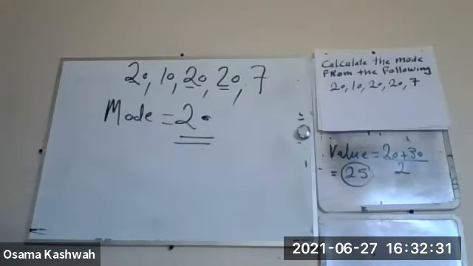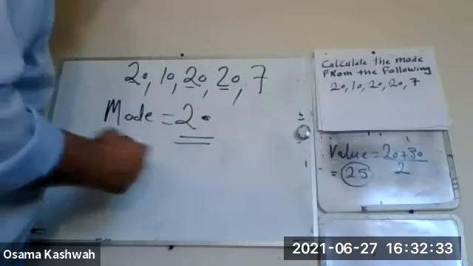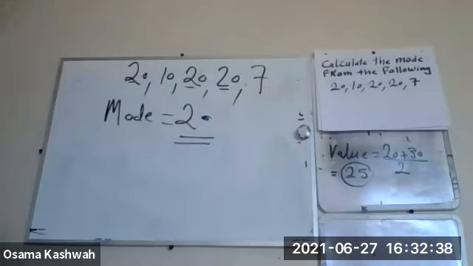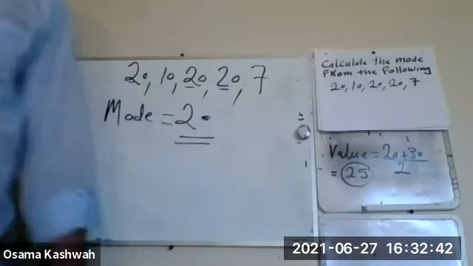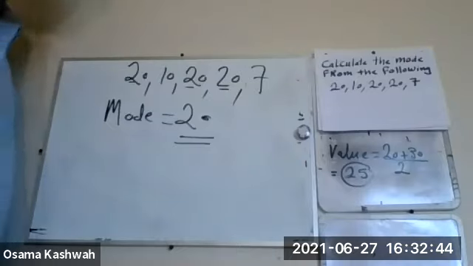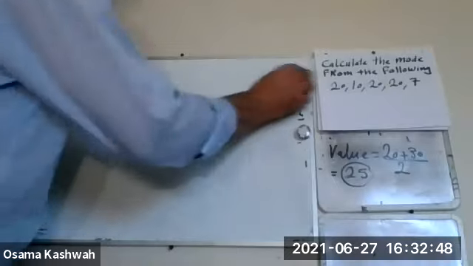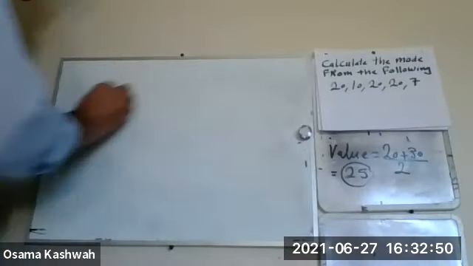It's repeated 3 times: 1, 2, 3. So the mode here is 20 because it is repeated 3 times. That's why we say the mode is the common or most repeated value. Okay, that's fine.